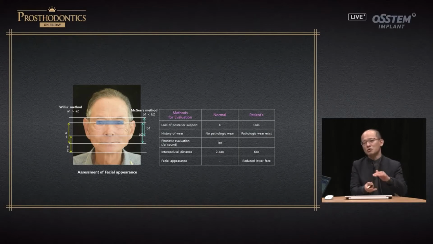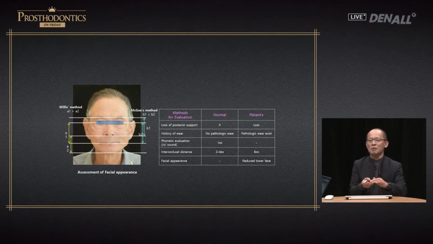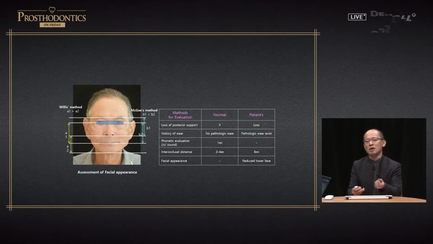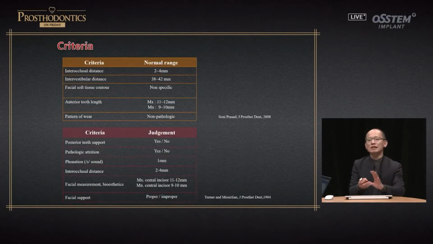The minimum might be good, but in terms of rehabilitation or long-term, the minimum might not be good because of the wear. So being sufficient might be better. If you keep that range in mind, then aesthetic support, and again posterior support is important, plus the patient being comfortable with it is also key.